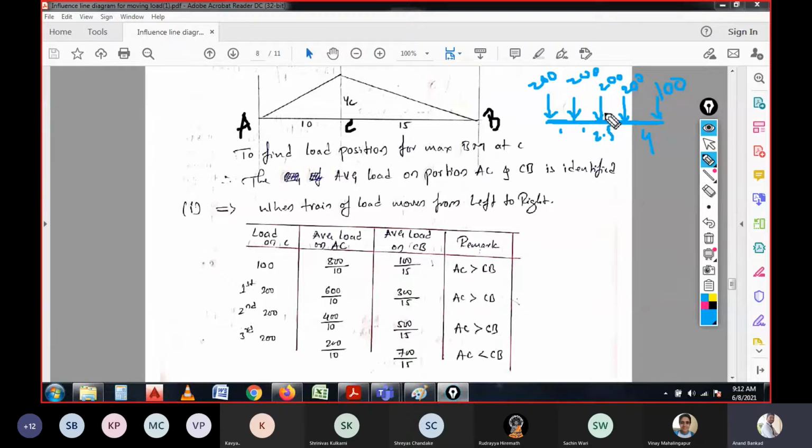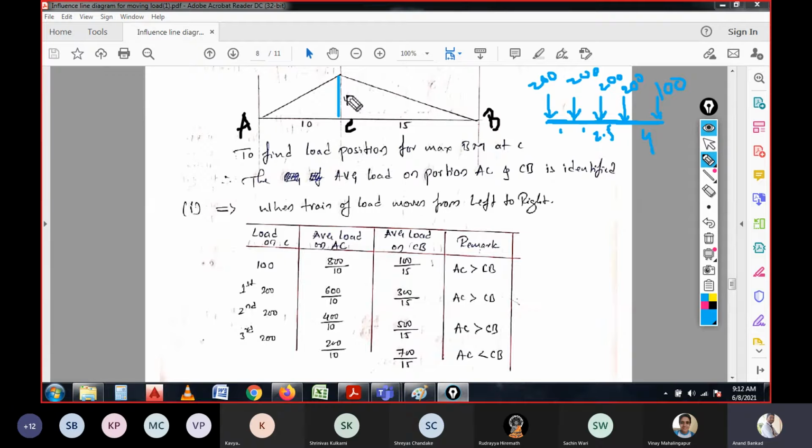So when you consider these series of loads, the particular load needs to be on the section C, what I am drawing over here. If you place the load of 100 kilonewton, how much would be the maximum bending moment? If you place the second, that is first 200 kilonewton on the section C, what would be the bending moment? That is the case.